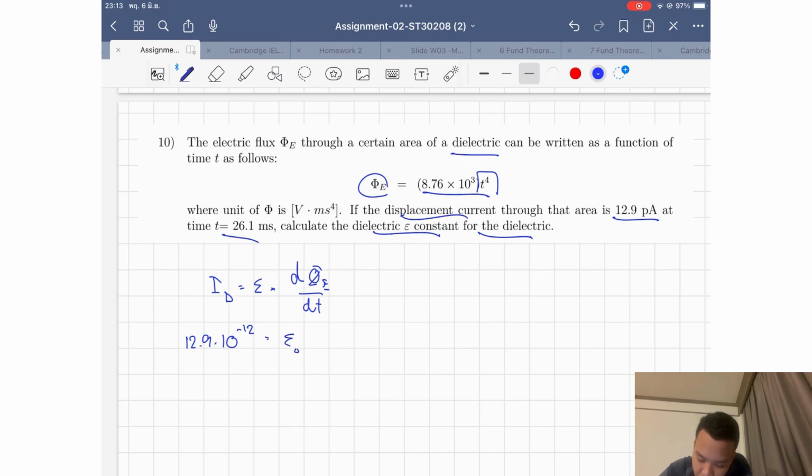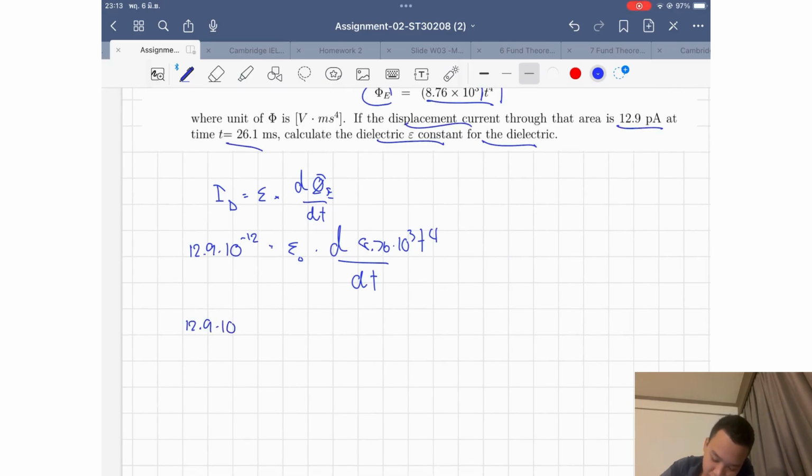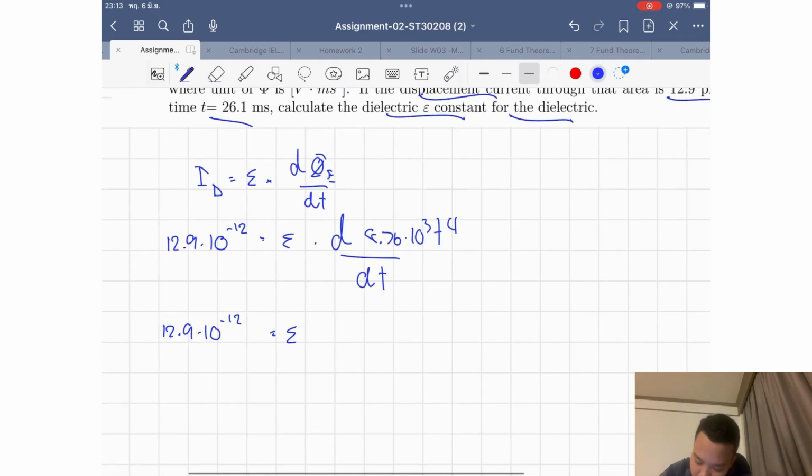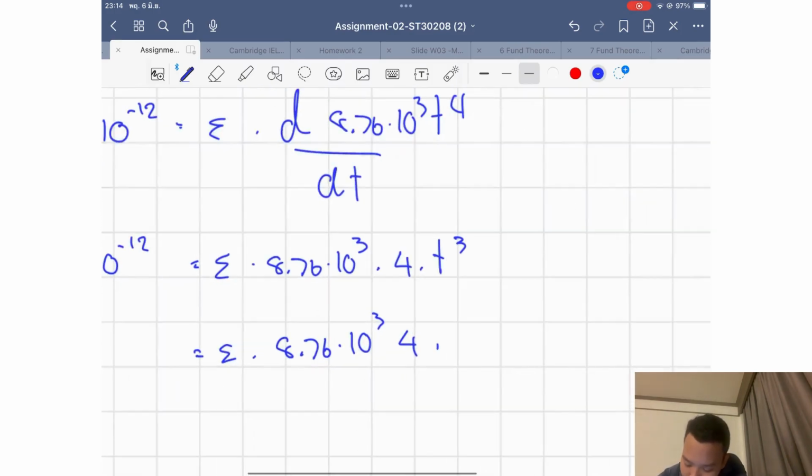And the change in electric flux, this one, that the problem gives us, we just use simple calculus. So d of t to the power of 4 by dt equals 4 times t to the power of 3, and t is equal to 26.1 millisecond.